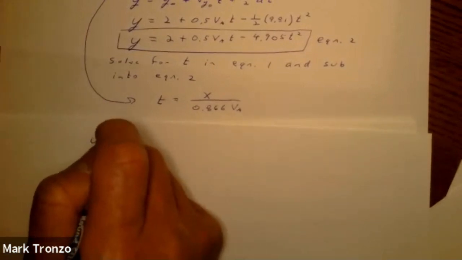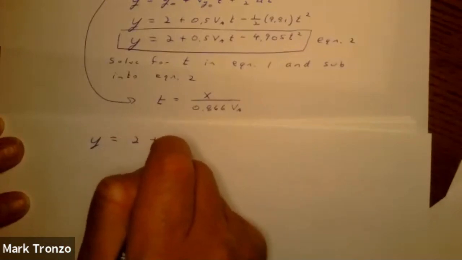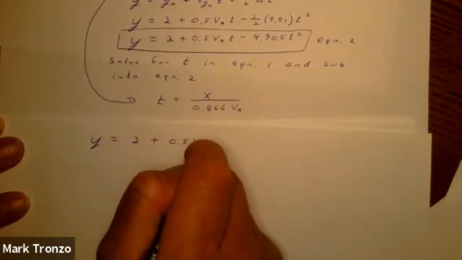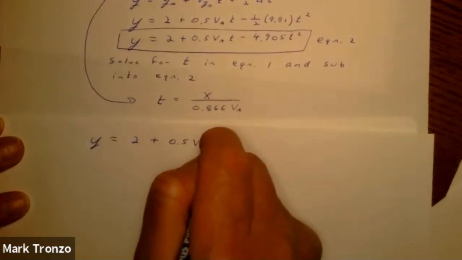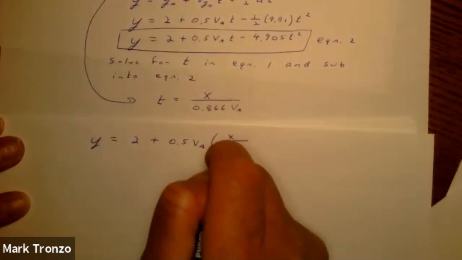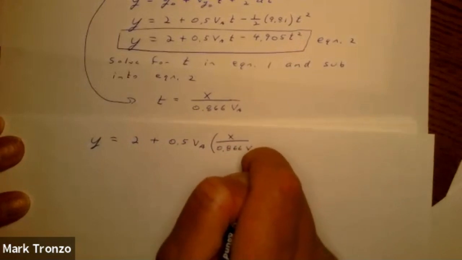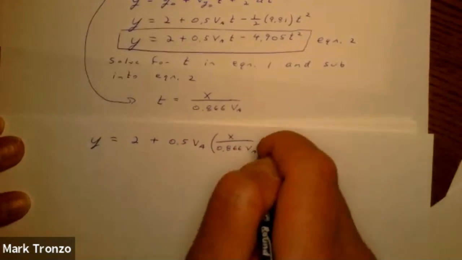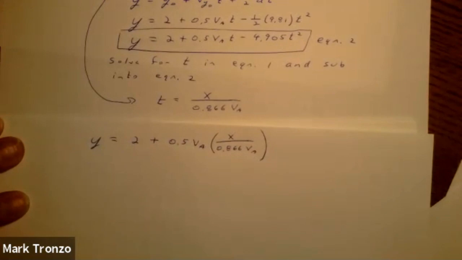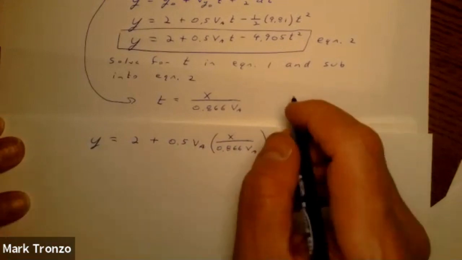In other words, put that for t in equation 2. So just write equation 2: 2 plus... Then whenever you have t, put this in, x. So that's going to replace t.